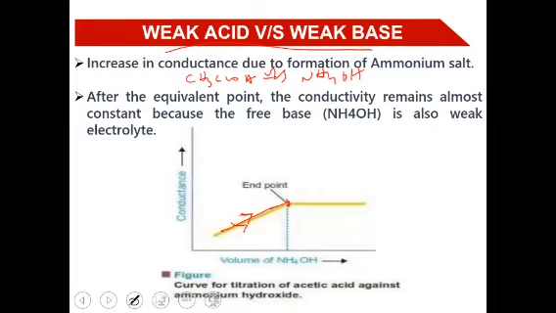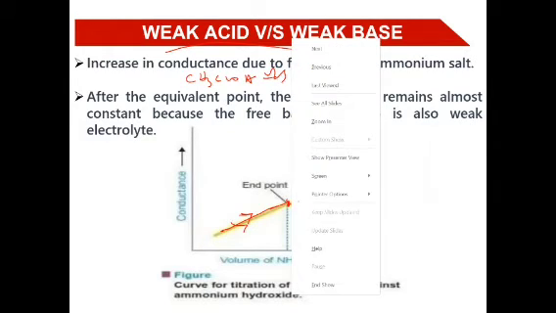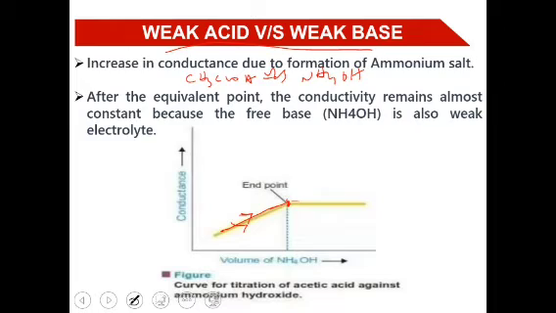Further, if you add ammonium hydroxide to the solution, because of the absence of acetic acid, there is no reaction between the acetic acid and ammonium hydroxide. Because ammonium hydroxide has low dissociation and is a weak electrolyte, there is no further increase or decrease in the conductance.